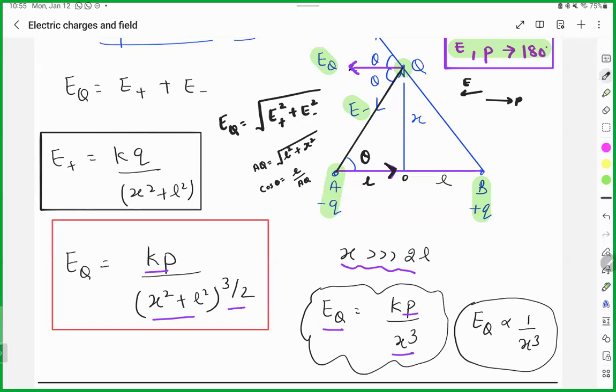And if you take total, in the equatorial point we are talking about here, you will say k p upon x square plus L square, the whole to the power 3 by 2. But if you take the special case, again the situation is the same. But remember, here we don't have to.